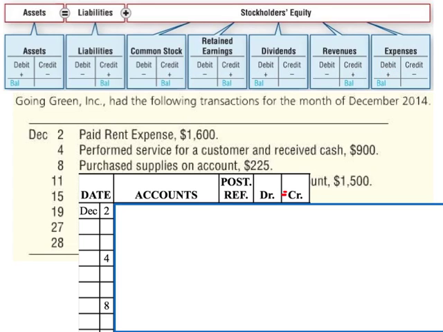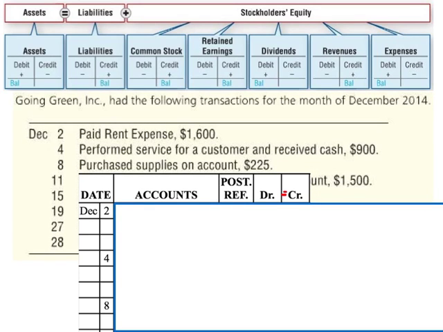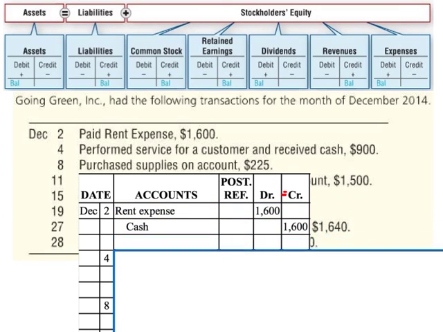So I'm going to go ahead and move this down. You can see here that our rent expense has been debited for $1,600. That had the effect of increasing our rent expense.